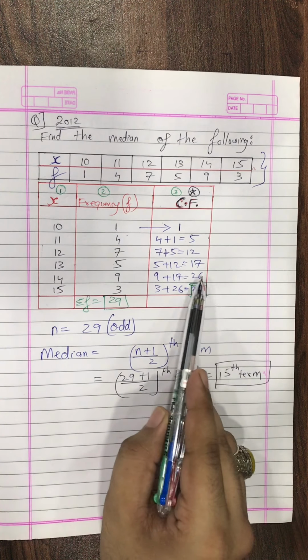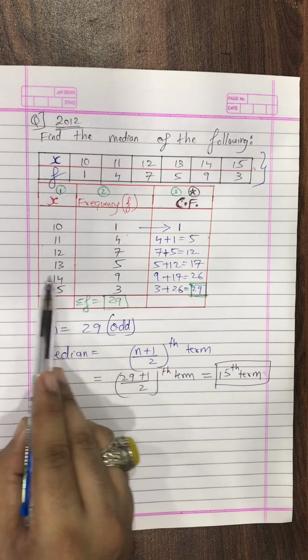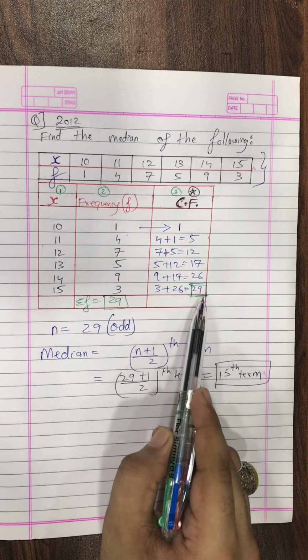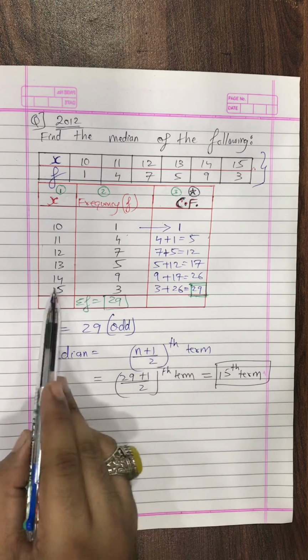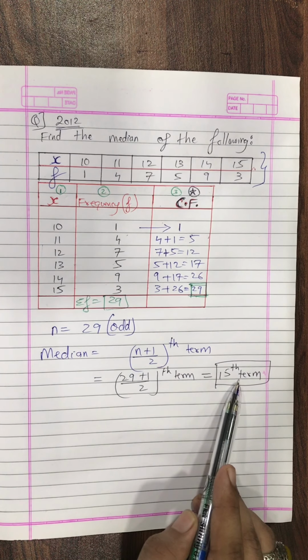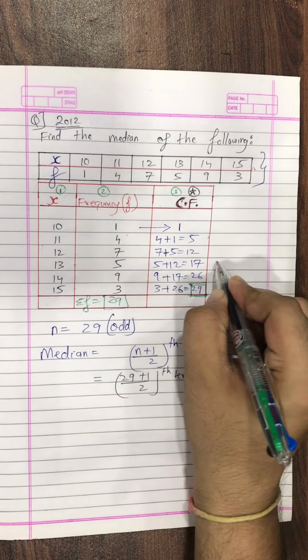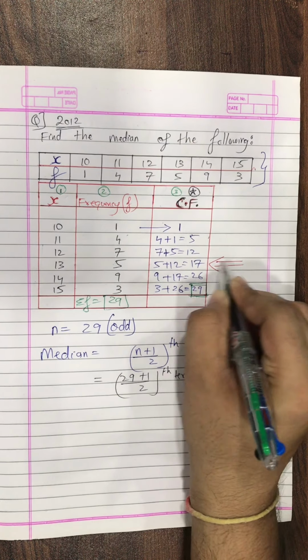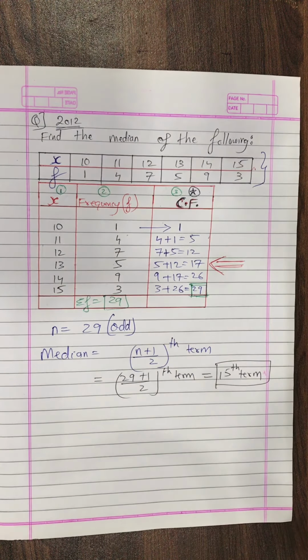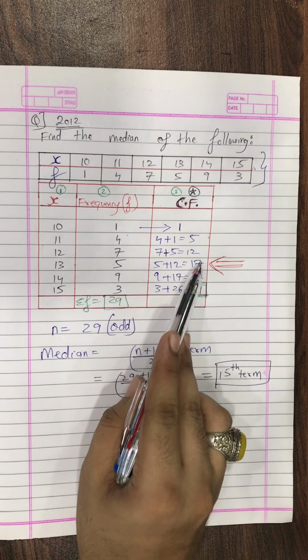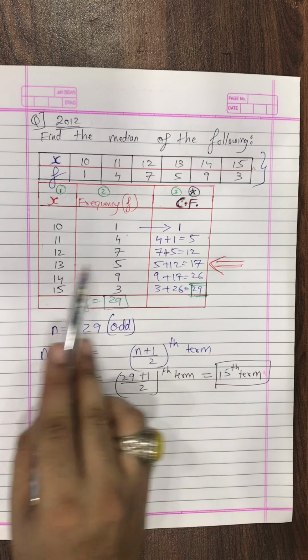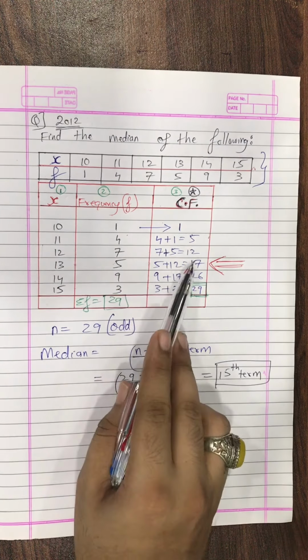After the 17, up till 26 terms lie in this row. After 26, up till 29 terms lie in this row. My answer is the 15th term. So where does the 15th term lie? It's very obvious that the 15th term will lie in this row, because this is till 12, and after 12 till 17 it's there in this row. So this is the benefit of cumulative frequency.